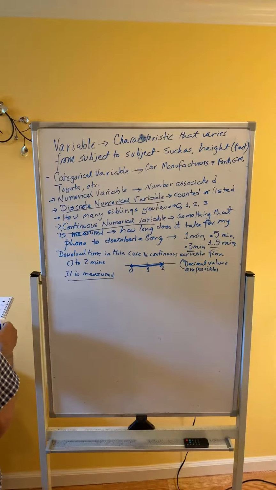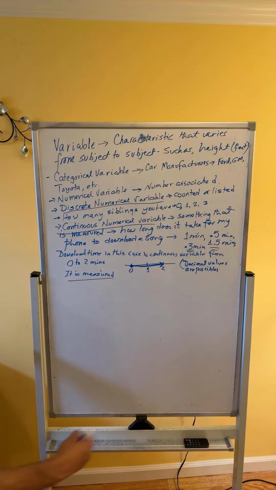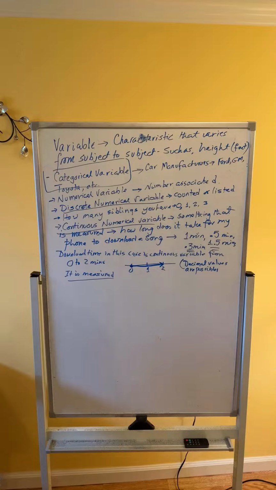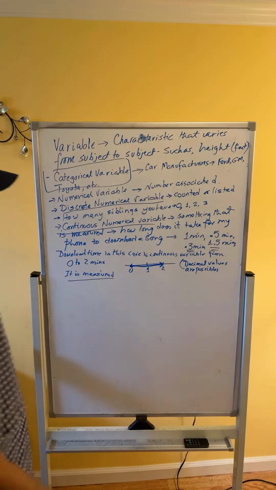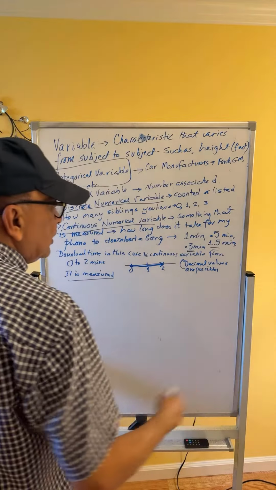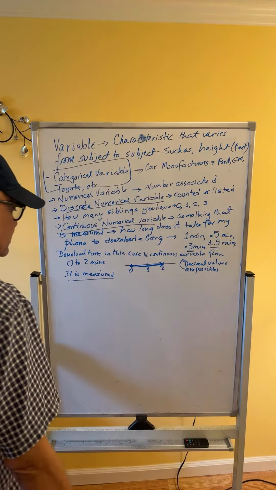Okay. So the question is how you collect information from people, how many brothers and sisters, and how do you represent the information? Say you are into categorical data. You go to the parking lot of your university and find out how many Ford cars are there, how many GM cars are there.